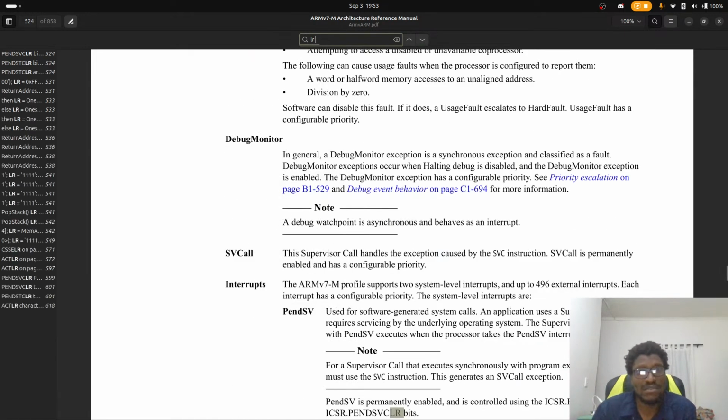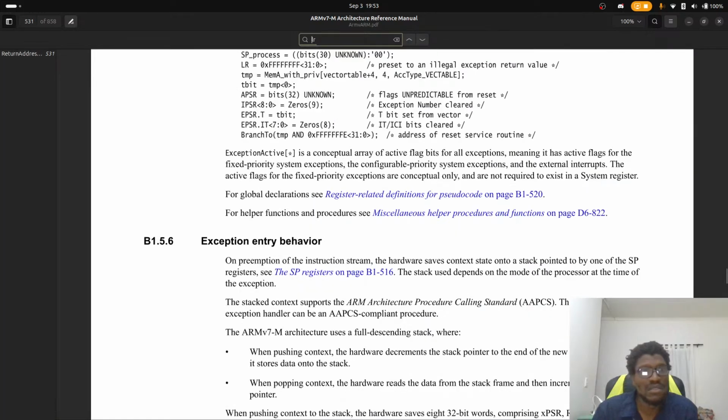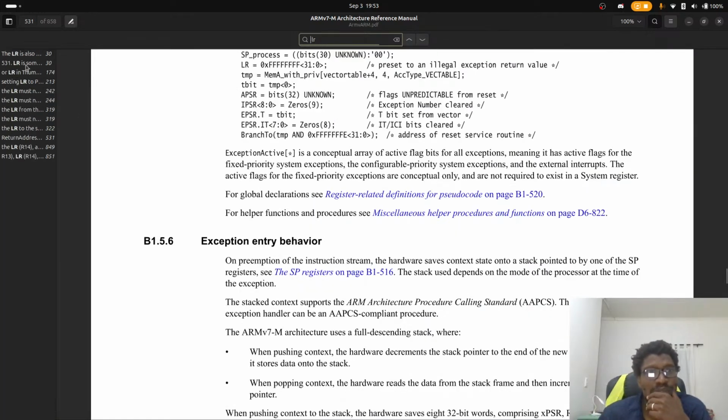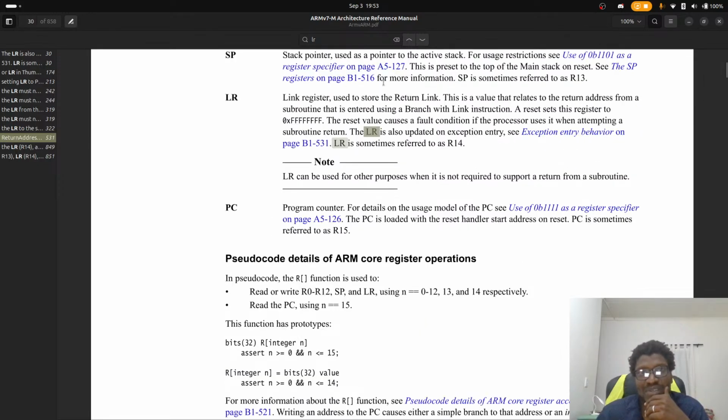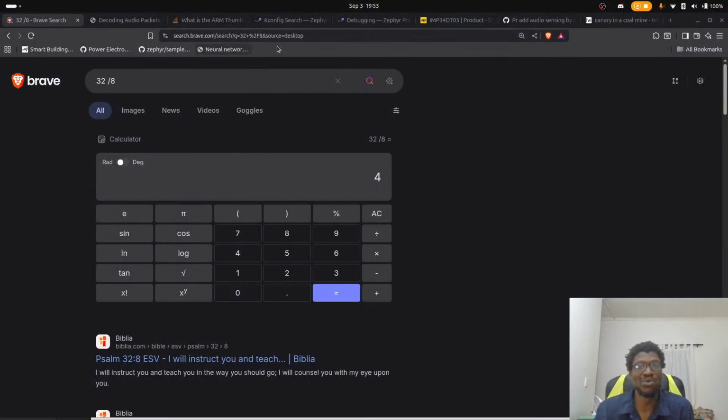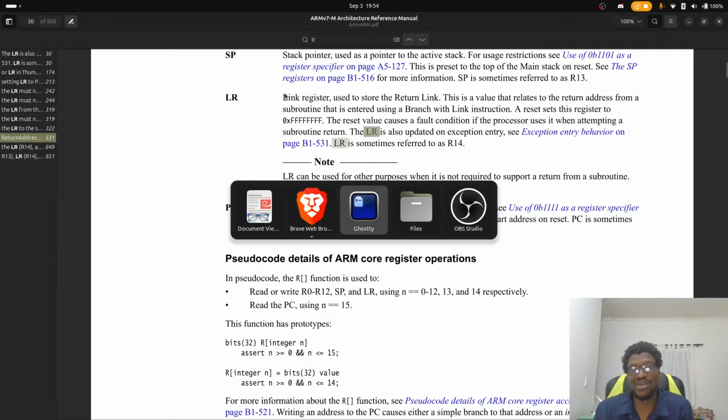LR, R14, sometimes referred to as the link register, is used to store the return link. So it can enable us to walk all the way to the function that called this, and then we can look at what it is.